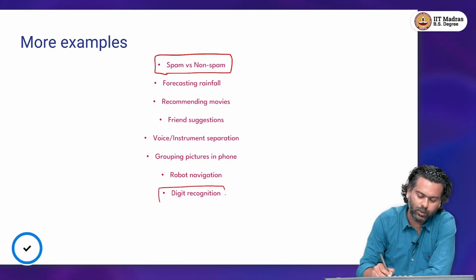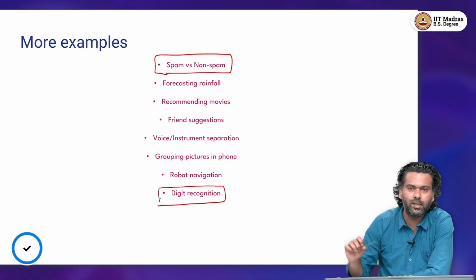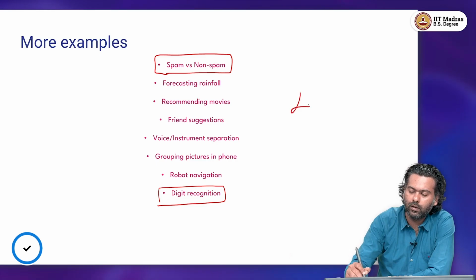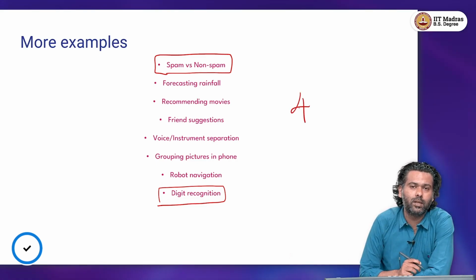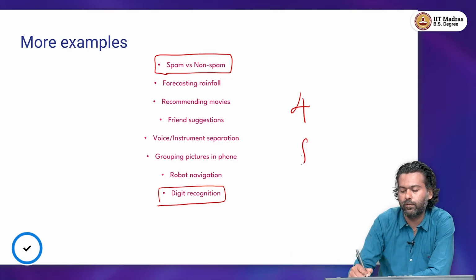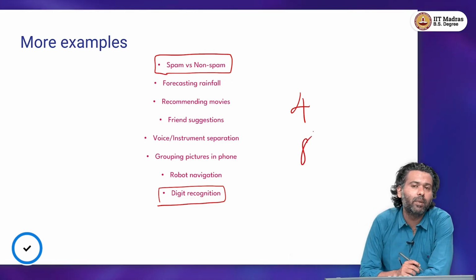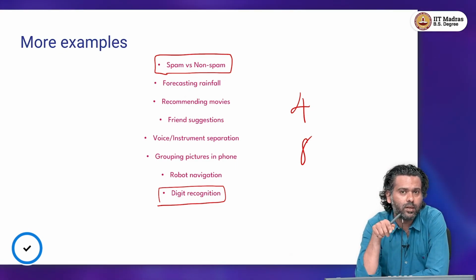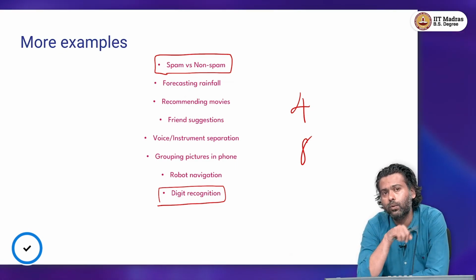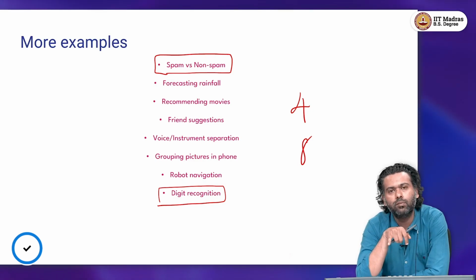Maybe one more example is digit recognition. Let us say if I write the digit like this, automatically you recognize this is a 4. If I write a digit like this, automatically you recognize it is an 8. Your human brain recognizes it, though if I ask you to write a 4 and an 8, it's highly unlikely that you are going to write it exactly this way.